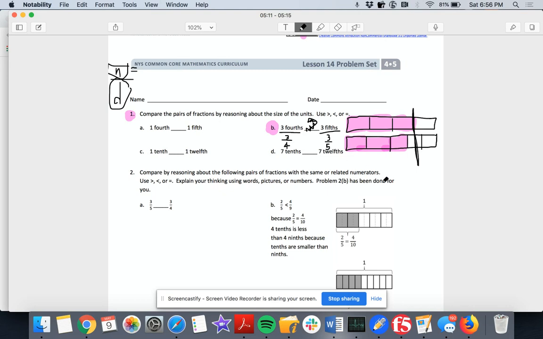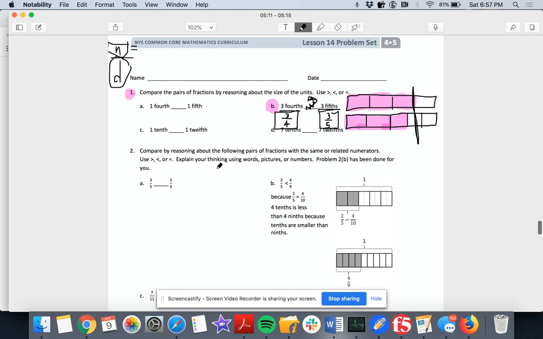Because as we just saw in our tape diagram, we end up eating more, or we get a larger portion of the tape diagram, or the chocolate bar, if we're allocated 3/4 of it rather than 3/5.